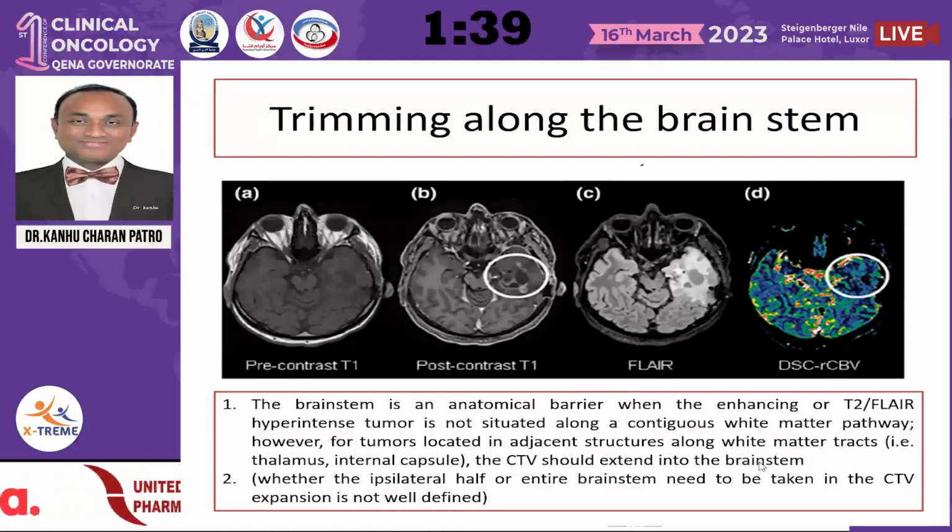So the brainstem is a barrier, but if the T2 hyperintense abnormality crosses into the brainstem in cases of internal capsule and thalamic glioblastomas, you should include it. But whether the whole half of the brainstem should be included or not is controversial. So if the hyperintense area is not involving the brainstem, exclude. If involving the brainstem, include.